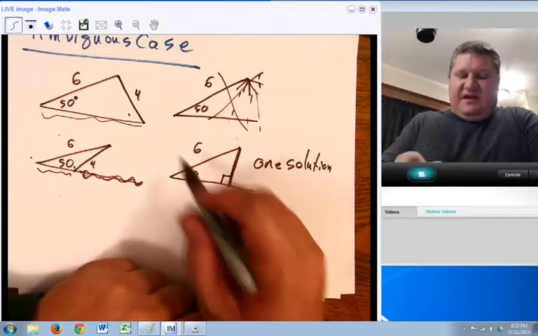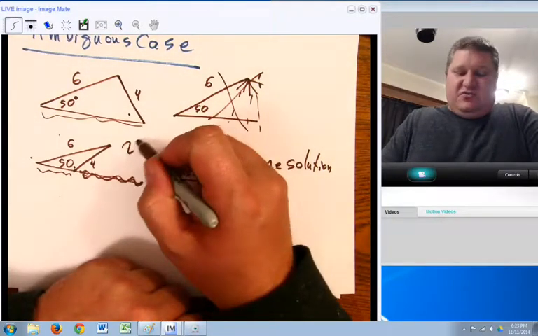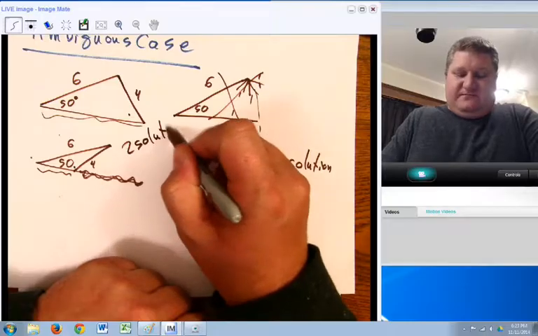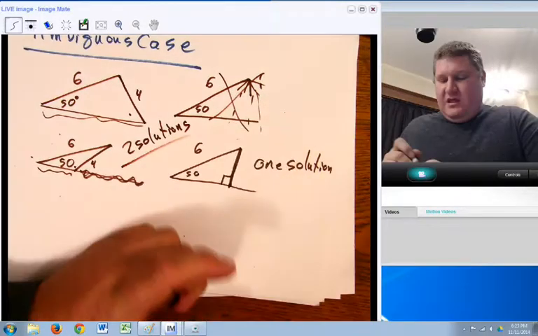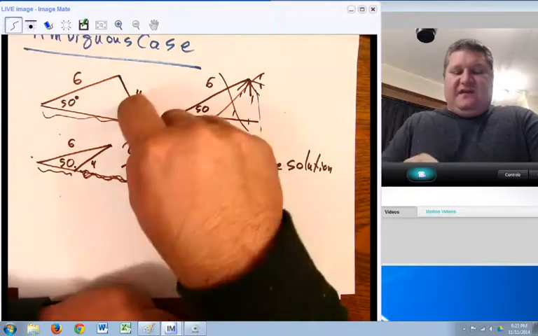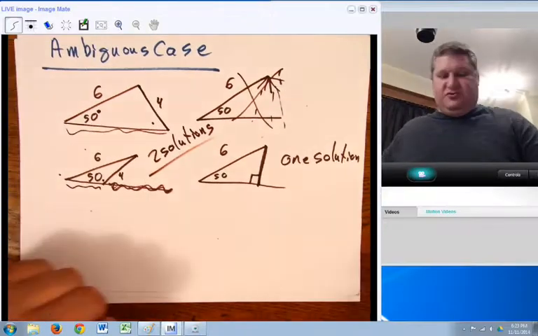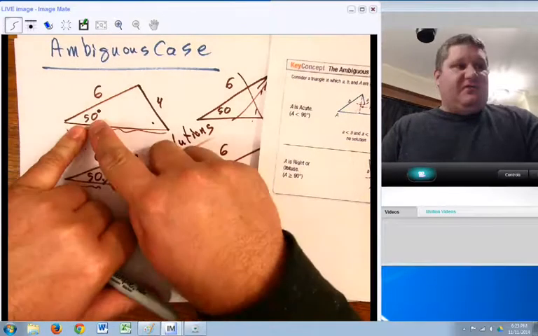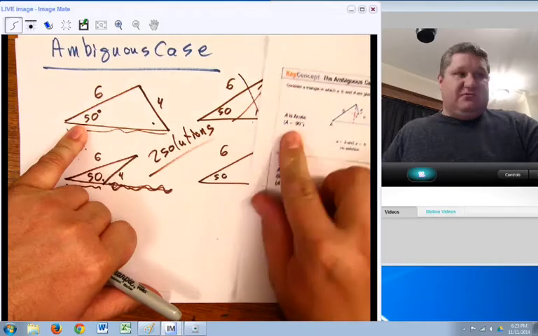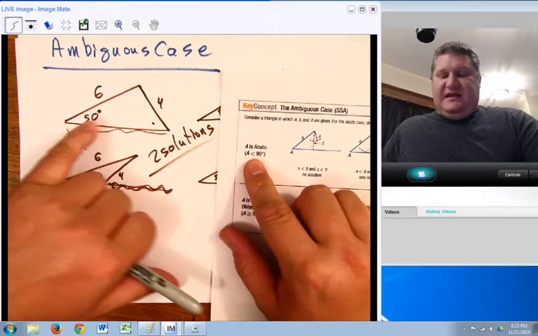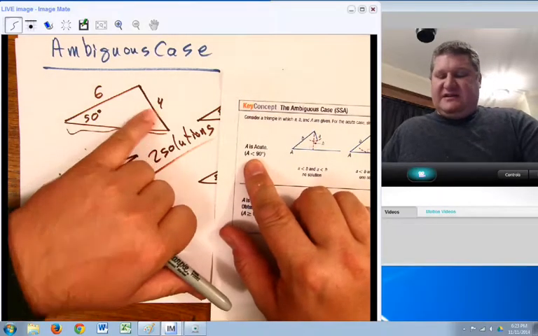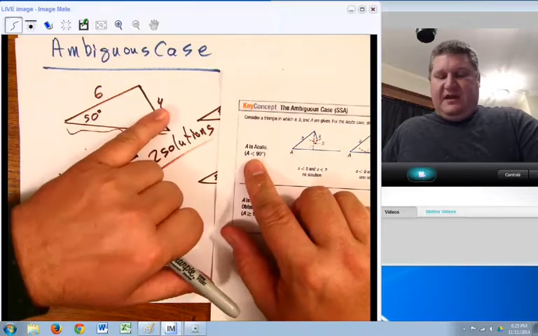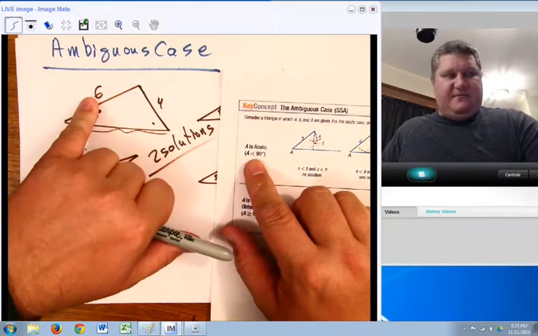And that's the case where we have 2 solutions. Now, in this case, let's see if we have potential for two solutions. Do we have an acute angle? Yes. Okay, so we're up here on the top row. Is the side opposite that angle bigger than, equal to, or smaller than the other side?